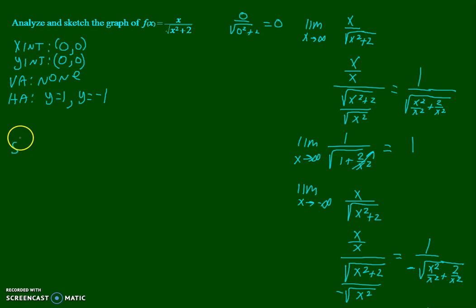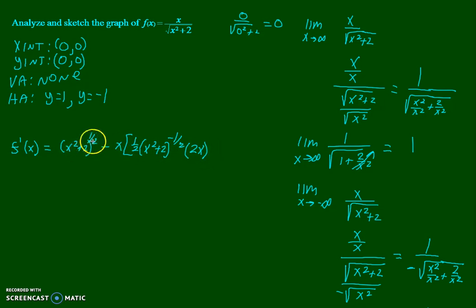So f prime of x is low, which is x squared plus 2 to the 1/2 power, d high, derivative of the high term is just 1, minus high times the derivative of the low, which is 1/2 x squared plus 2 to the -1/2 times the derivative of the inside piece, which is 2x.